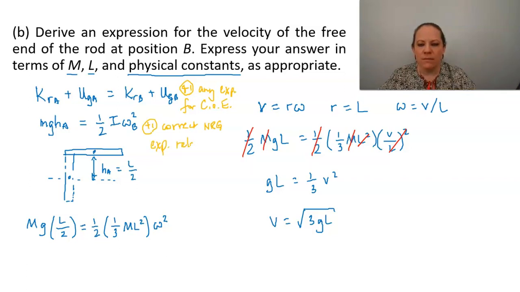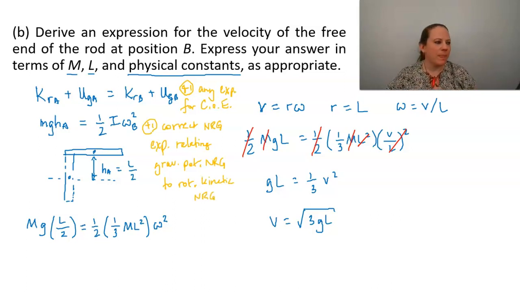relating gravitational potential energy to rotational kinetic energy. We get a point for correctly substituting. I'm going to leave off the correct because it adds stuff to write.